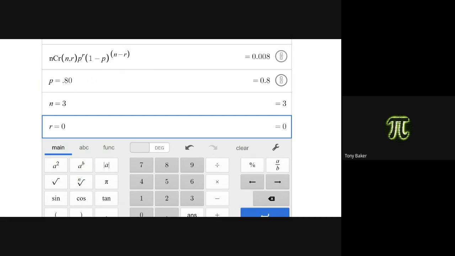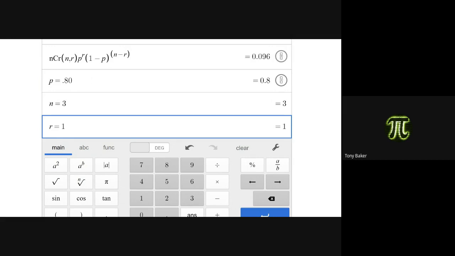So for 0, I type in R is 0, and there's a 0.008 chance. Now we change it to 1.